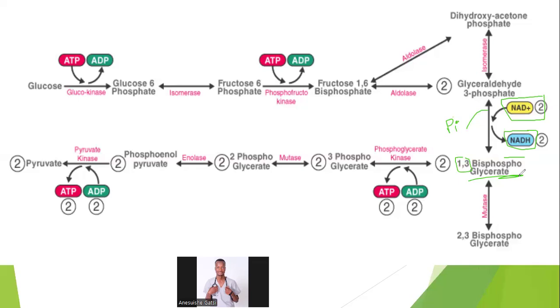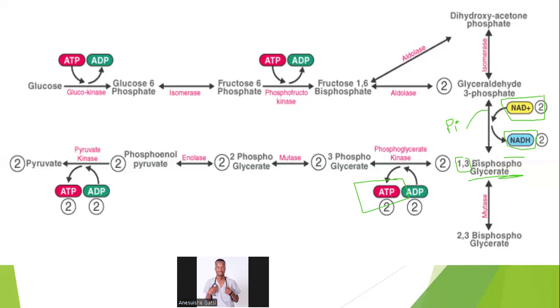Great. Then from here, there's an enzyme called phosphoglycerate kinase. This one is a bit different in the sense that I am now removing phosphate molecules. So instead of using ATP, I am now making ATP.